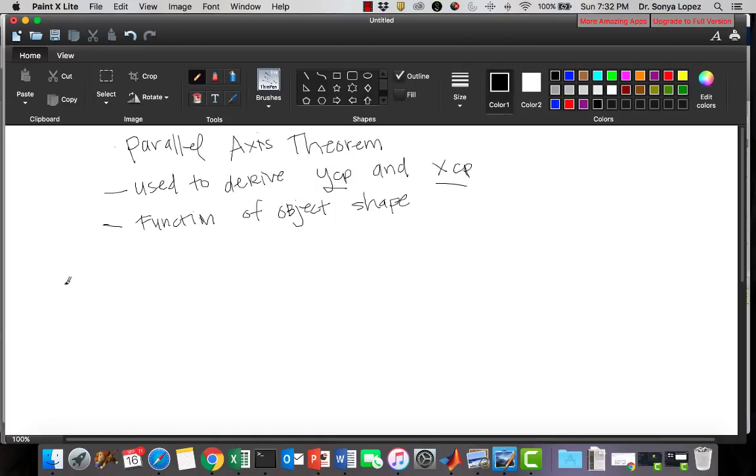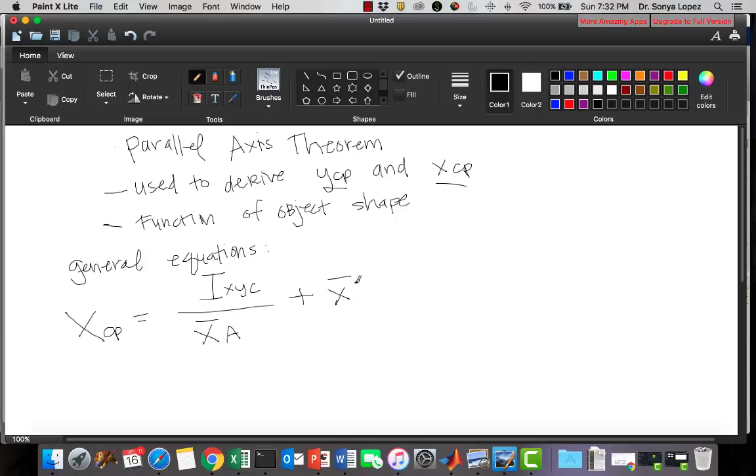Okay, the general equations are XCP is equal to I XYC over X bar A, okay, plus X bar.